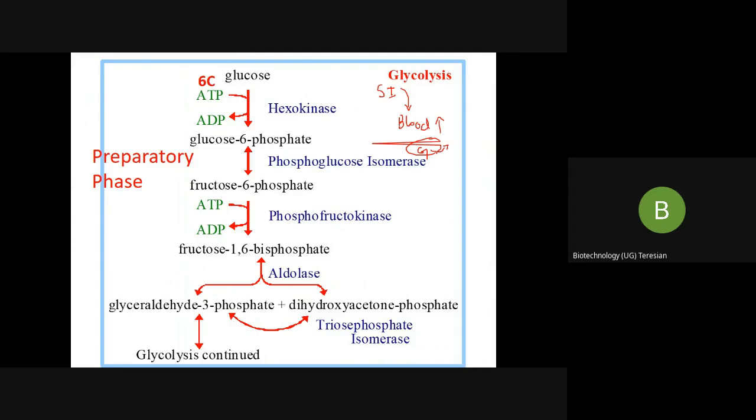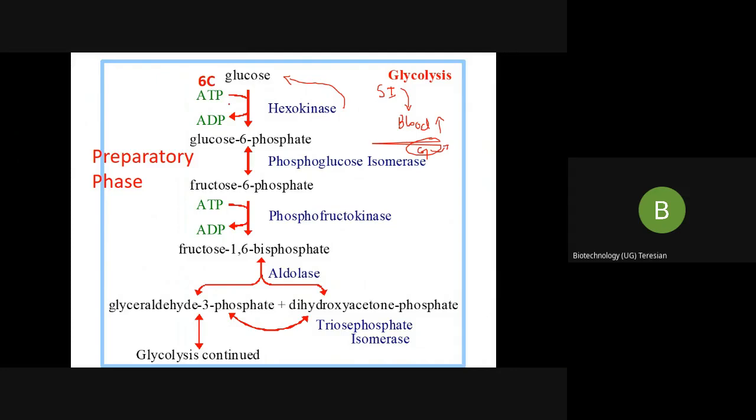because once inside the cell, this glucose will be processed by the enzyme kinase. How? This kinase enzyme starts adding a phosphate group to the glucose molecule. Here you can see. From where did it add the phosphate group?